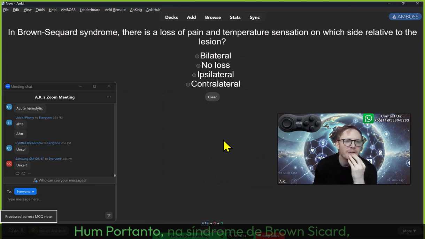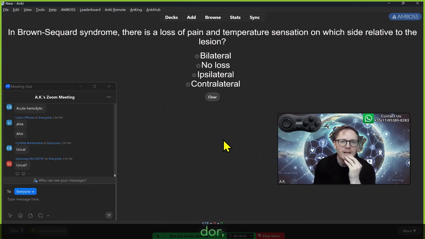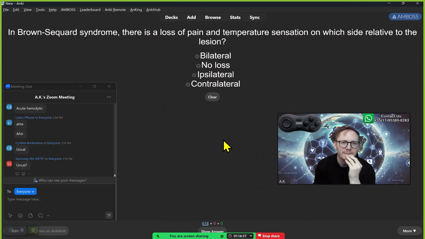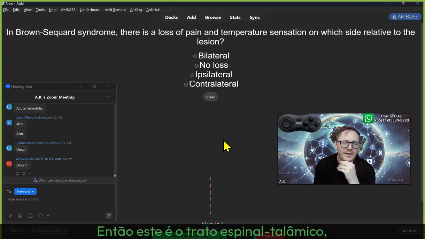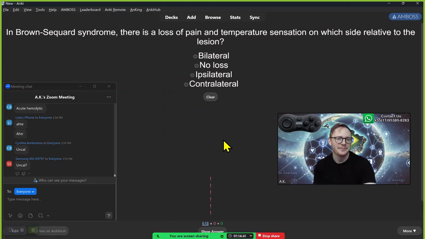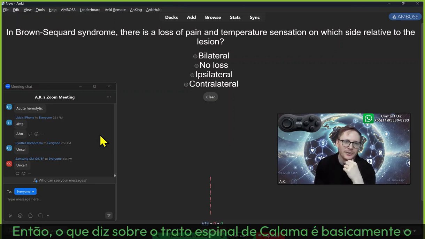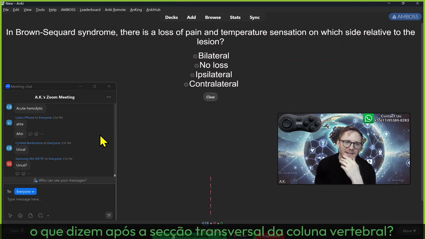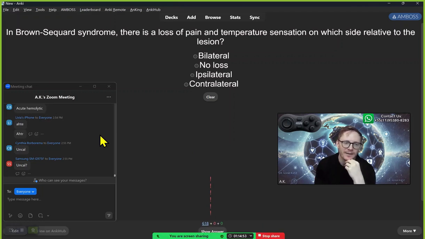So in Brown-Séquard syndrome, there's a loss of pain and temperature sensation on which side relative to the lesion? So this is the spinothalamic tract, right? So will the spinothalamic tract decussate? It's basically what they're asking. Does it decussate after the transection of the spine?